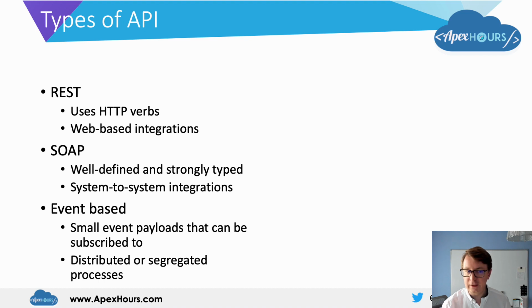We'll talk about this as a really good example later on, but an opportunity closing is an event where there are many, many downstream actions and interactions that will occur. And so we want to be able to do that to integrate, and that's one of our internal APIs. It's a well-defined, structured setup, and this is really good for distributed or segregated processes, where we have a process that is easily split. So, again, when an opportunity becomes closed won, it's the end of the sales lifecycle for that opportunity.